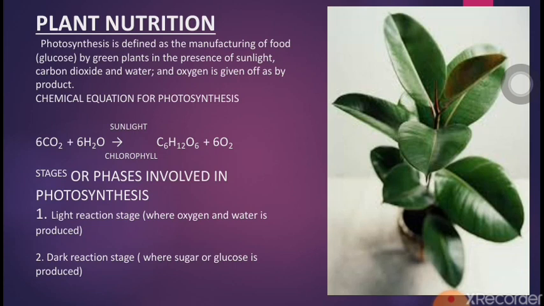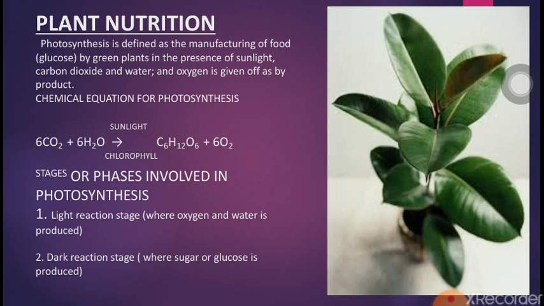The light reaction stage is where the water molecule is split into 2, and this is called photolysis. The hydroxyl ions further dissociate to give us oxygen and water. So the oxygen produced as a byproduct is given off during the day.